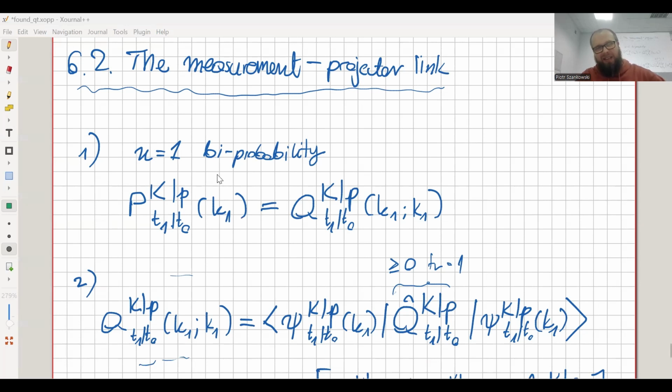We said, okay, let's consider a probability; there was some initialization parameterized with this distribution P. We talked about what it means in some previous lectures, and there was a perfectly fine-grained observable measured at time t1 with a result k1, and this probability is a diagonal part of the bi-probability according to the rules we've established so far.